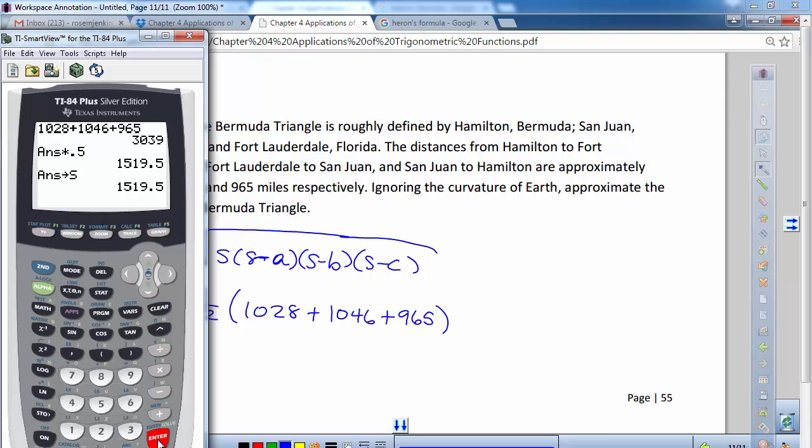And so I get the square root of alpha S times, and I don't have to use the times symbol, 1,028 minus alpha S. I'm sorry, I should flip that around. It should be S minus 1,028. So let me go back.